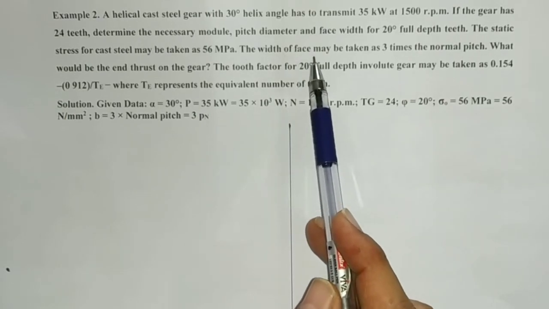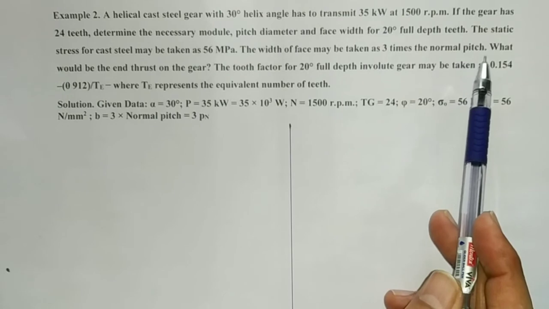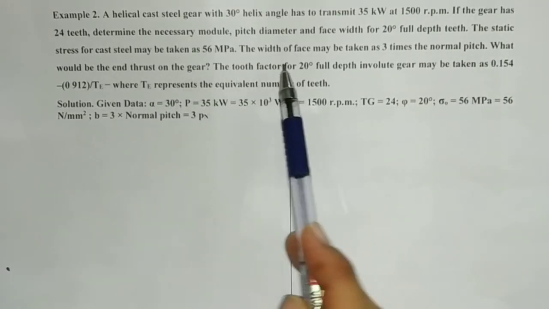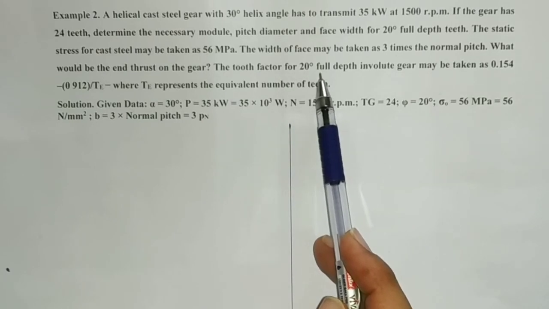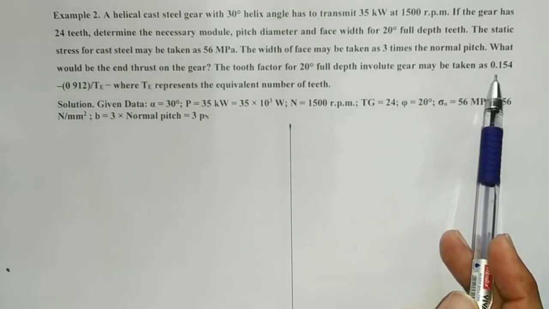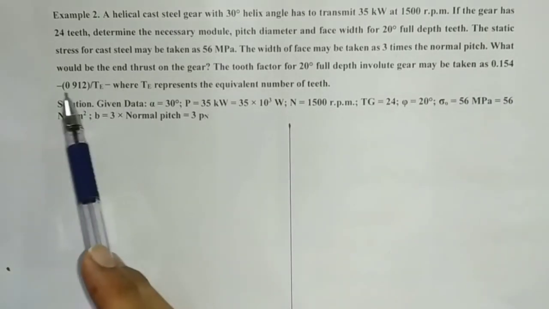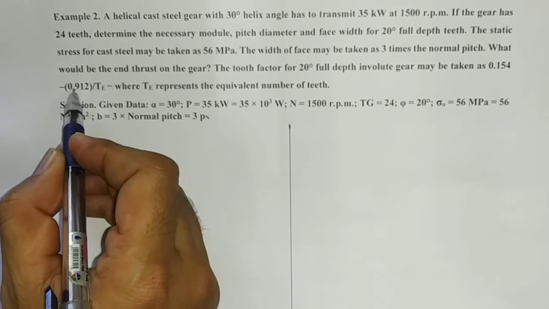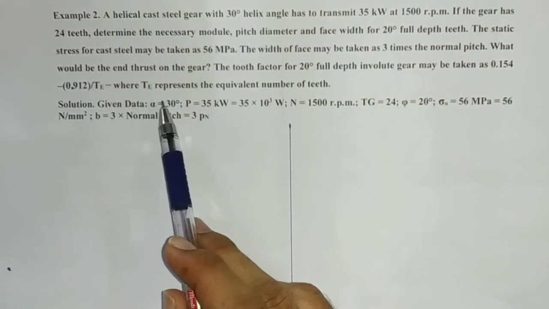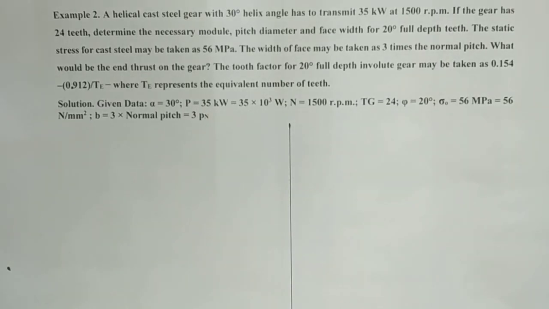The width of face may be taken as 3 times the normal pitch. What would be the end thrust on the gear? The tooth factor for 20 degree full depth involute gear may be taken as 0.154 minus 0.912 by TE, where TE represents the equivalent number of teeth.